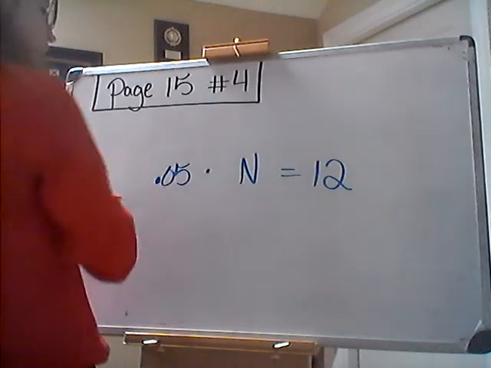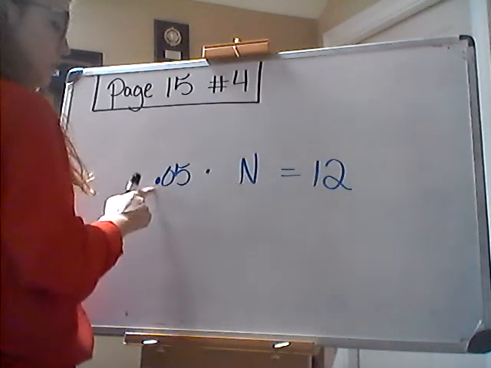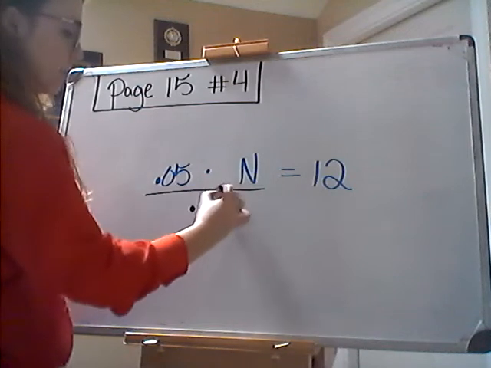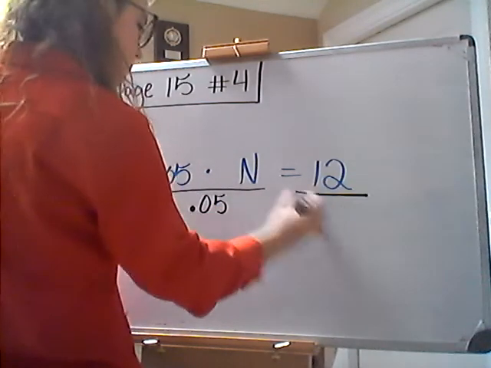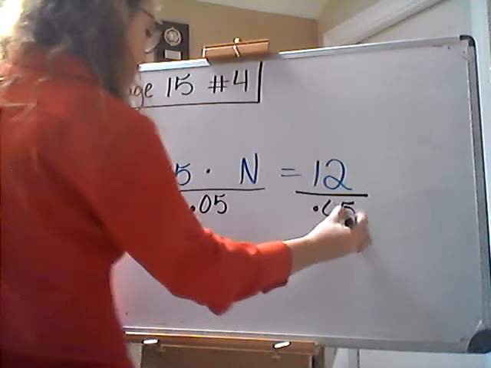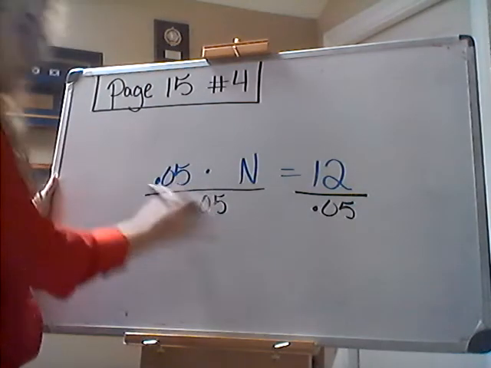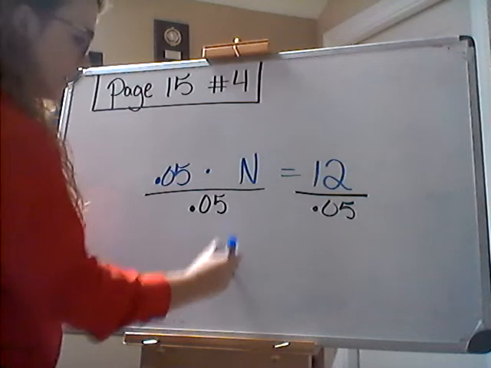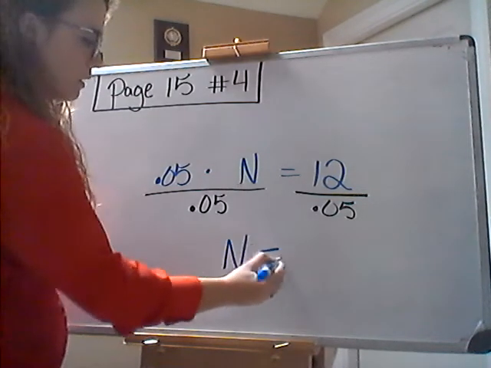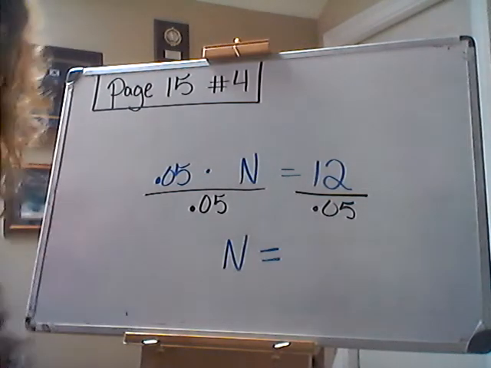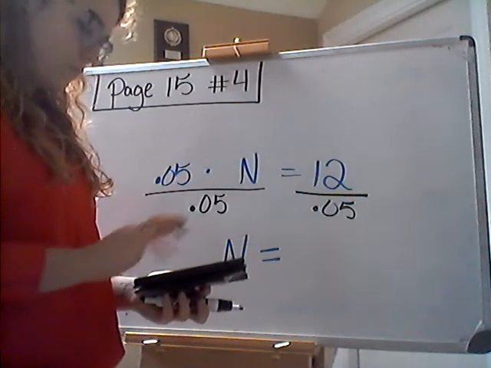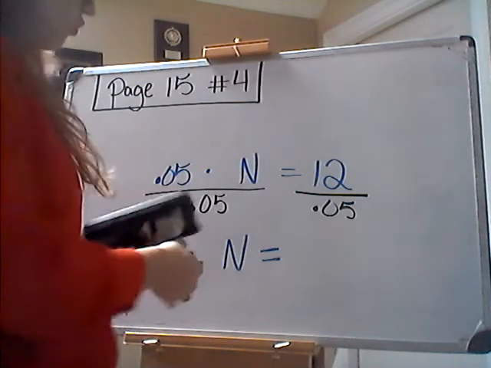So we're going to divide both sides of the equation by 0.05, or 5 hundredths. 5 hundredths divided by 5 hundredths is 1, so we just get 1n, which is just n. So the unknown number is, and 12 divided by 5 hundredths is 240.